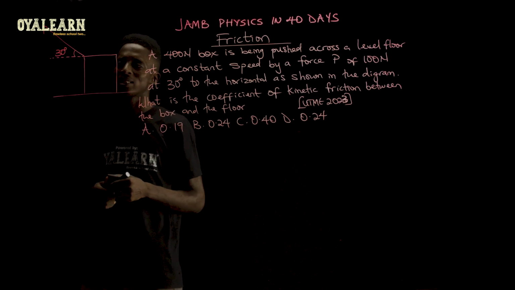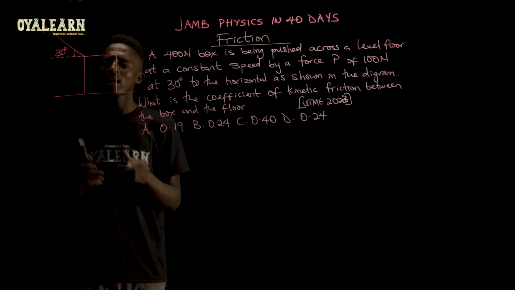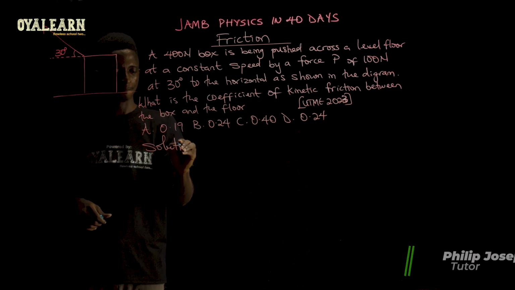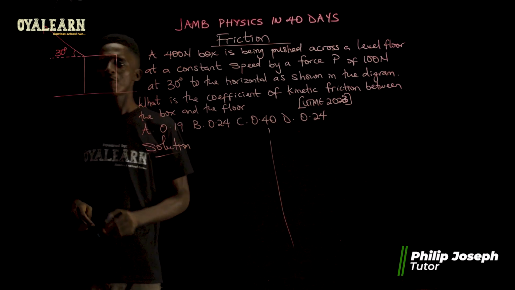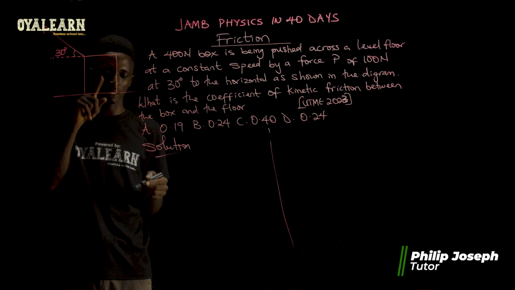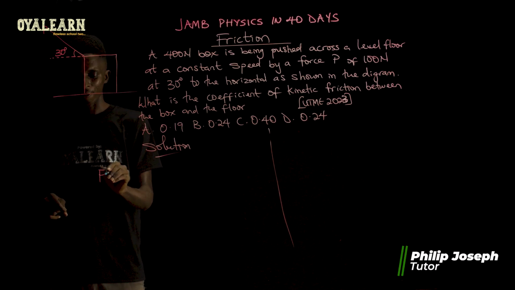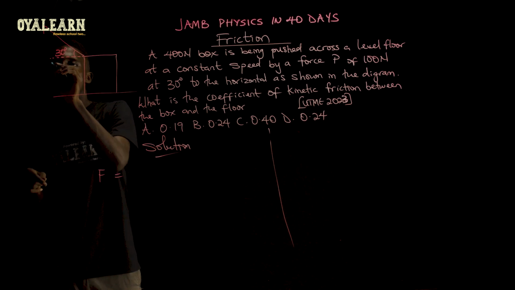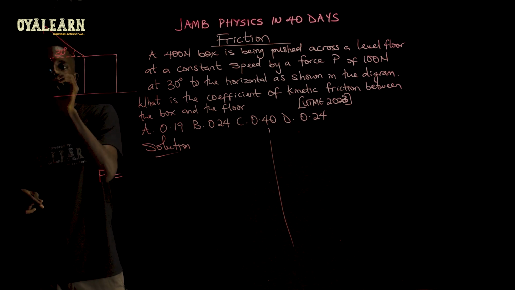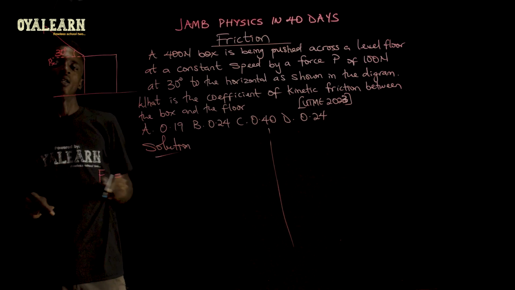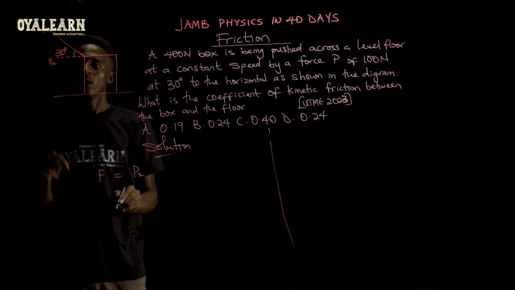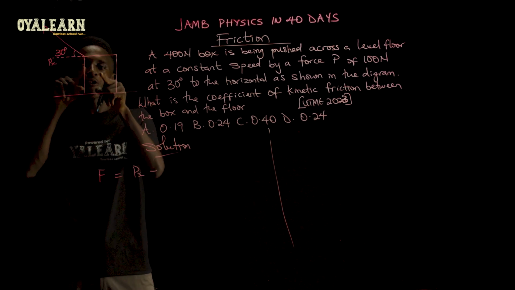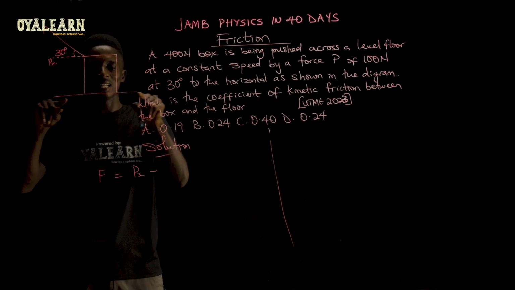Now, when we take a look at this diagram here, we know that the effective force, that is, let's start here, solution. The effective force that is pushing this box, let's call that F, will equal the x component of P, and we'll subtract the frictional force between this box and the level floor.